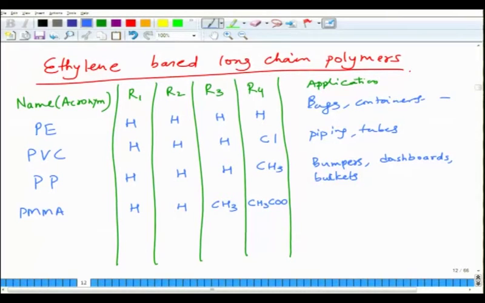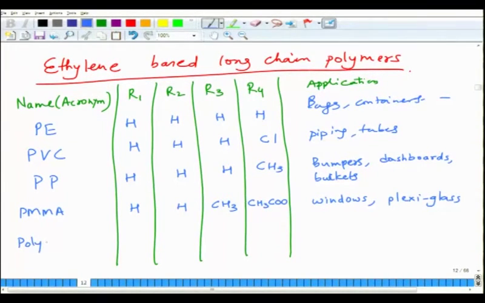It is used, for example, as window glass, for windows. It is also used as plexiglass that we use in our lab to make a variety of things. Plexiglass is more like a trade name. So this is PMMA, polymethyl methacrylate.